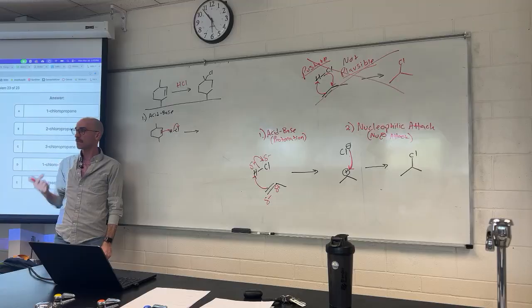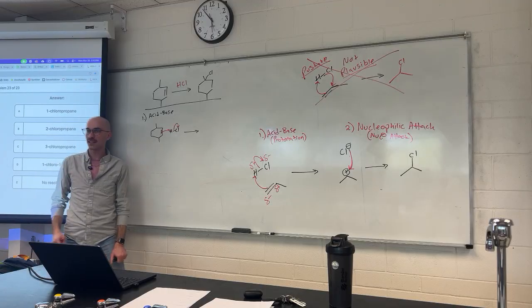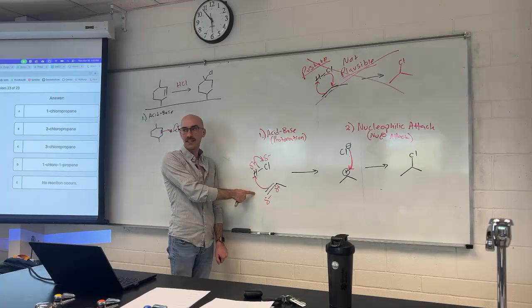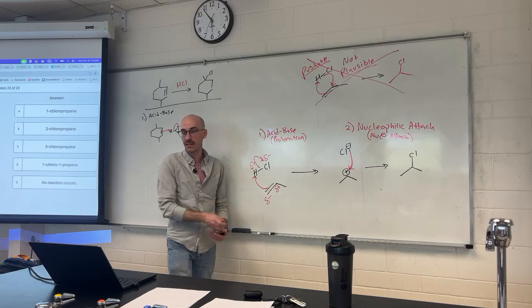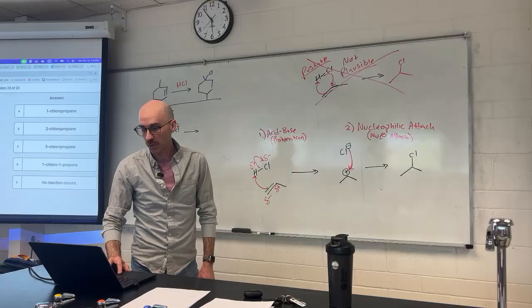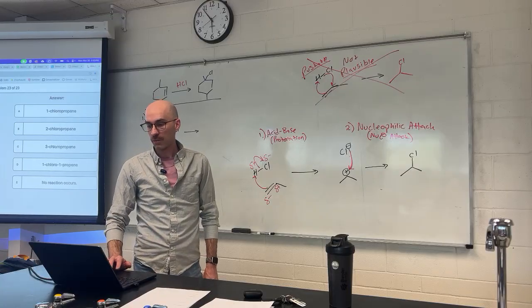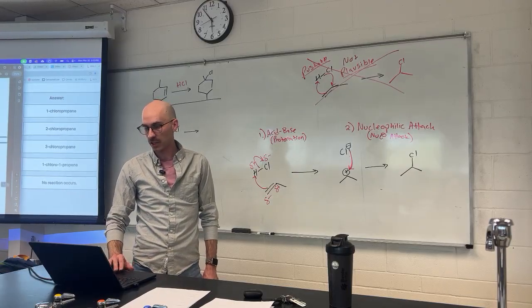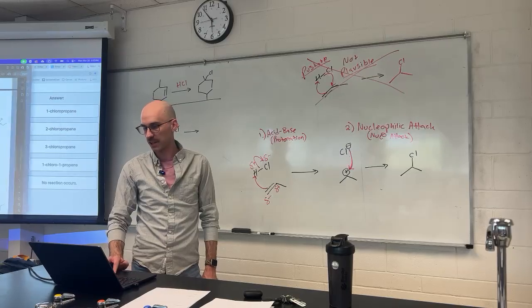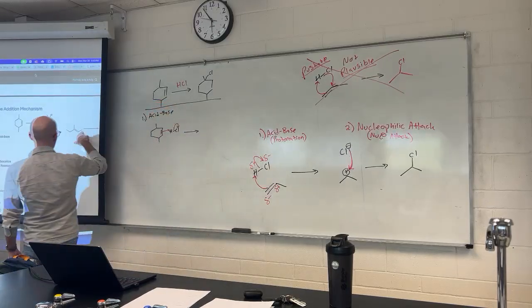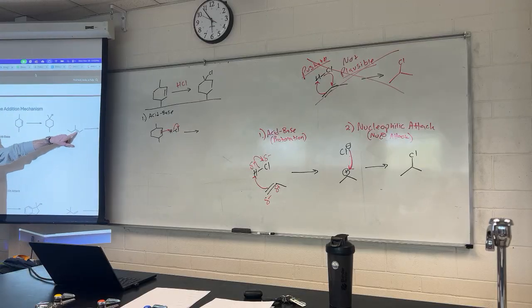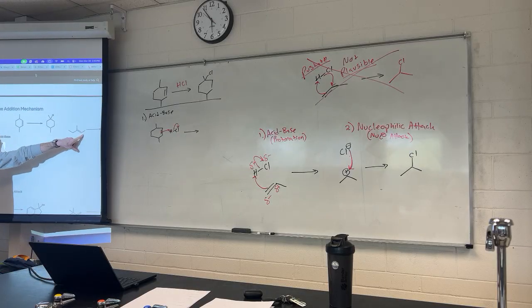Which carbon is more likely to use the electrons? Let me give you an example. When we did the propene, we said the primary carbon was more likely. The less substituted carbon was more likely. When we did the other mechanism, 3-methyl-2-pentene, we said the less substituted was partial negative.